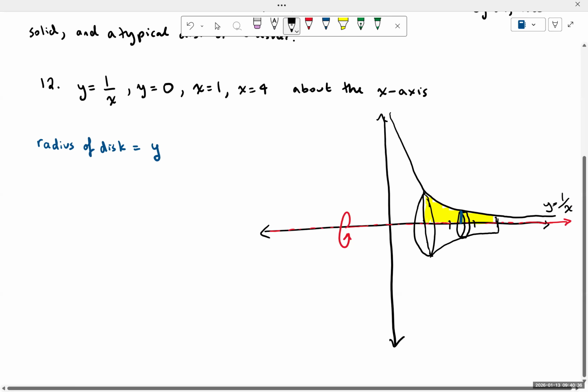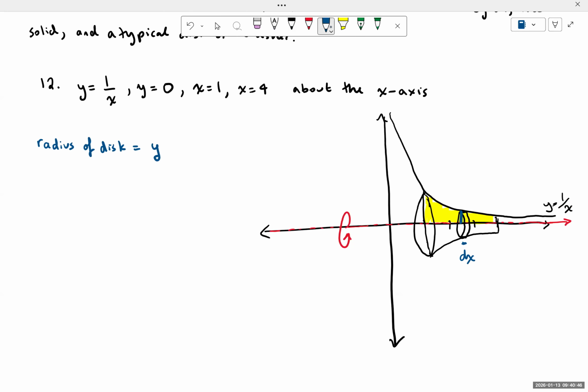Now, if I look at this disk, I can see the small infinitesimal thickness is in the direction dx, in the direction that we're revolving around.